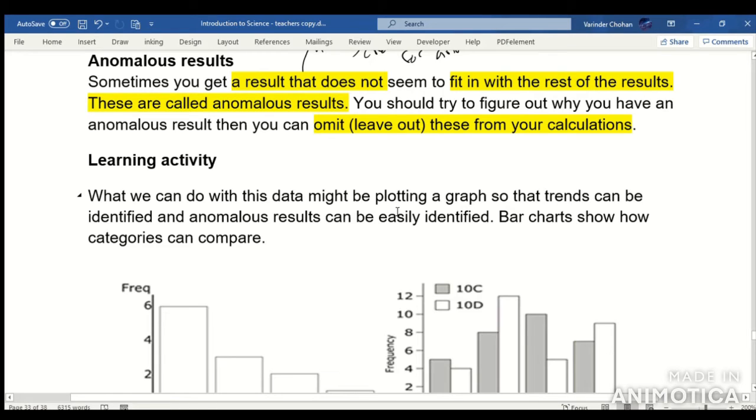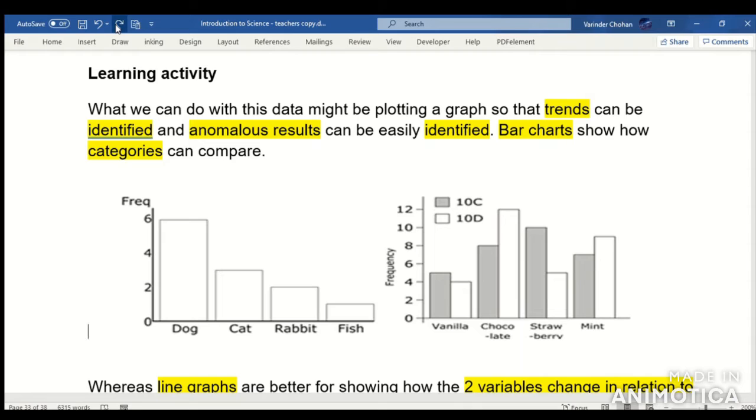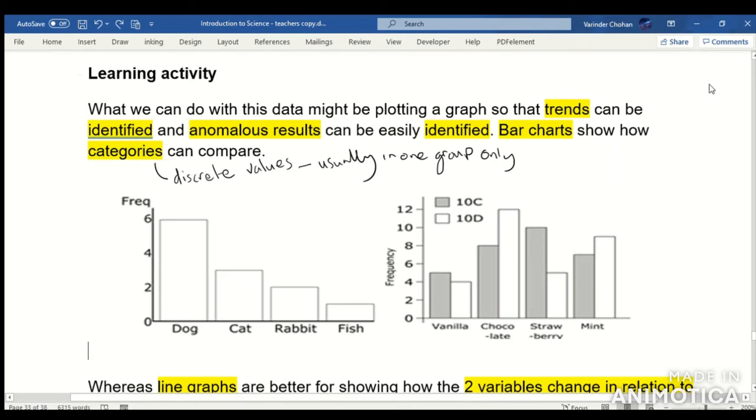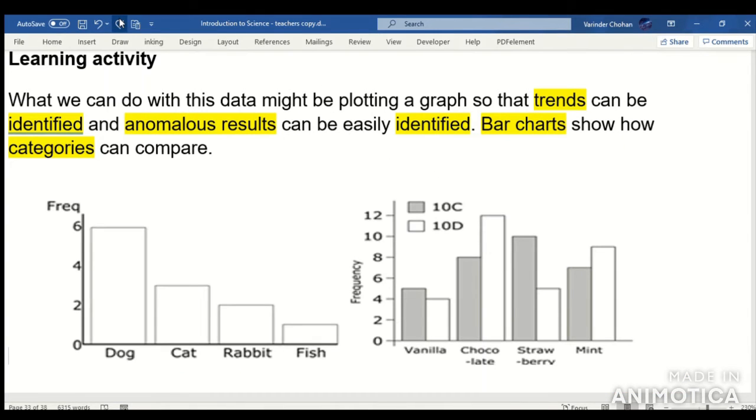Learning activity. We can plot graphs to show trends and anomalous results. Bar charts are used to compare data that can be put into discrete categories. Whereas line graphs are better to show how 2 variables change in relationship to each other. Categoric data usually takes discrete values, usually in one group only. So for example, you can be in girls or boys.